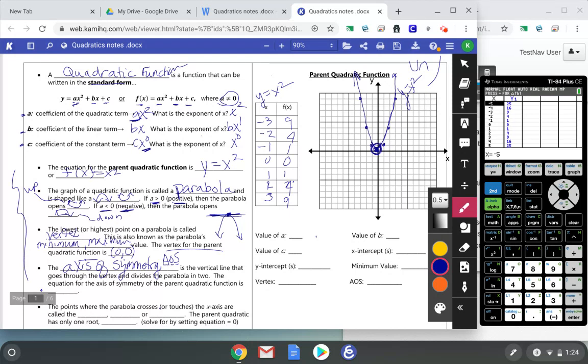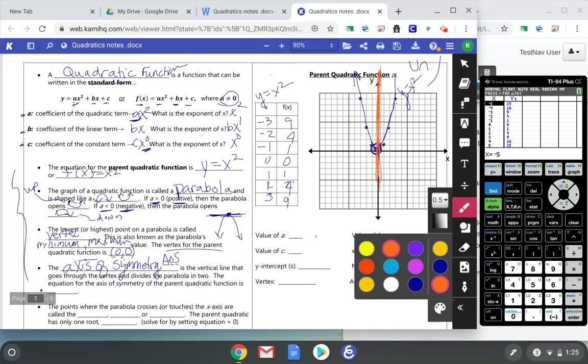I think you guys are pretty familiar with axis of symmetry from the last couple years, and even in elementary school. Symmetry means that you can draw a line right through the middle of the shape, and it's going to split it in half. So if I were to fold this piece of paper along that orange line, everything on this side is going to fall directly on itself on the opposite side. So that would be your axis of symmetry.